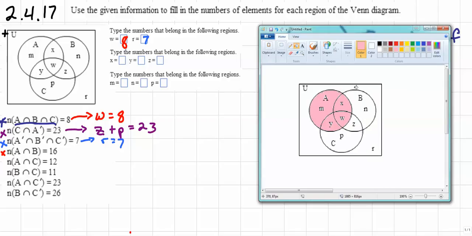Okay, so here's circle A or set A, which comprises the regions M, Y, W, and X. And then we're going to combine that with region B, which comprises the regions N, X, W, and Z. And we'll notice that the two overlap right here in the orange area, and that's going to be my intersection. Now notice that I have regions X and W here. So let's write that down over here.